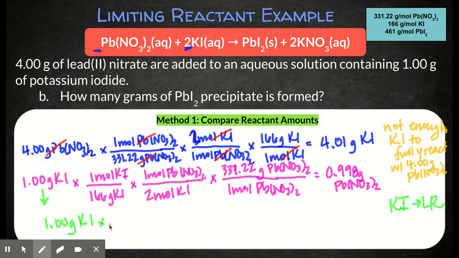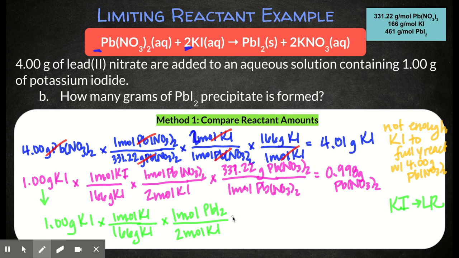I'm going to first convert again to moles, because that's going to be my first step every time. And so I have 166 grams of potassium iodide for 1 mole of potassium iodide. Next, I'm going to use my mole ratio between the two. So I have 2 moles of KI, and I have 1 mole of PbI2.